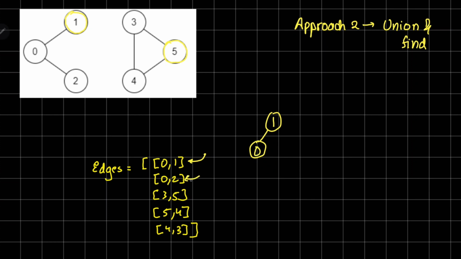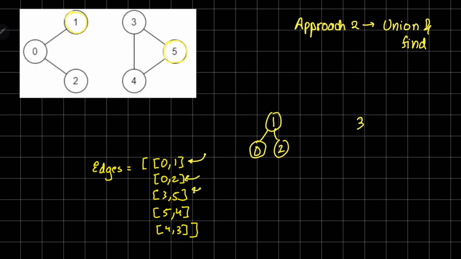Then we are given 0 is connected to 2. So 0 is connected to 2 and 0 is connected to 1. There's a path from 0 to 1 and a path from 0 to 2, and the edges are bidirectional, so automatically there will be a path from 1 to 2 as well.